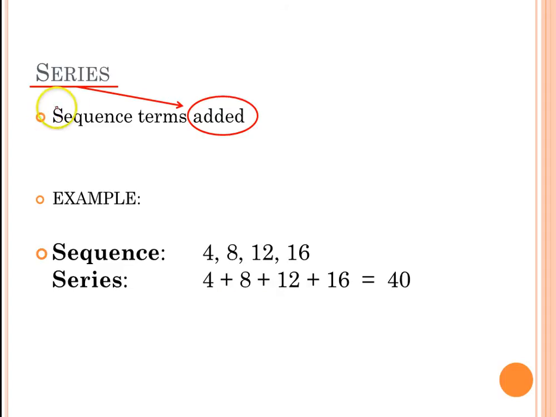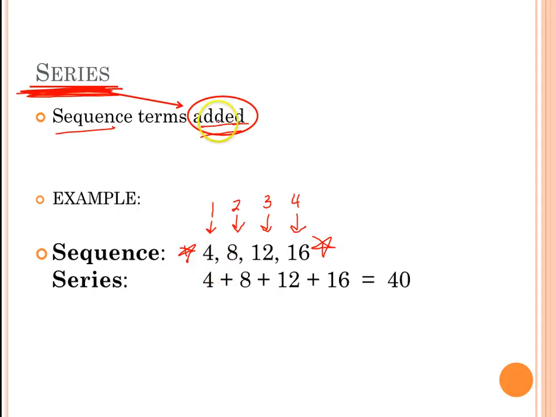A series is very similar to a sequence, except a series is a sequence that is added. So we're going to take a sequence, very similar to what we just had, 4, 8, 12, 16. If you have the actual terms with commas, term 1 is 4, term 2 is 8, term 3 is 12, term 4 is 16, it's a sequence.